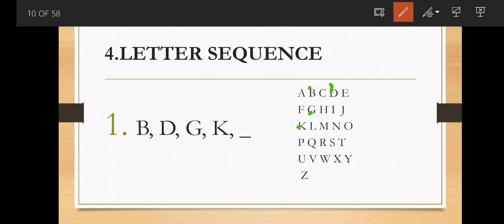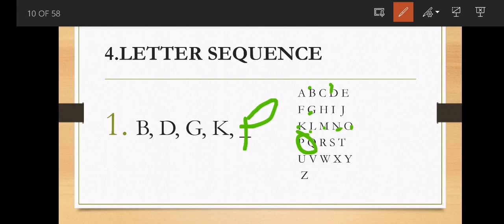Sa first is 1, next is 2, next is 3 letters. So, sa ating next term, maybe we have 4 letters. 1, 2, 3, 4. So, our answer here is letter P.